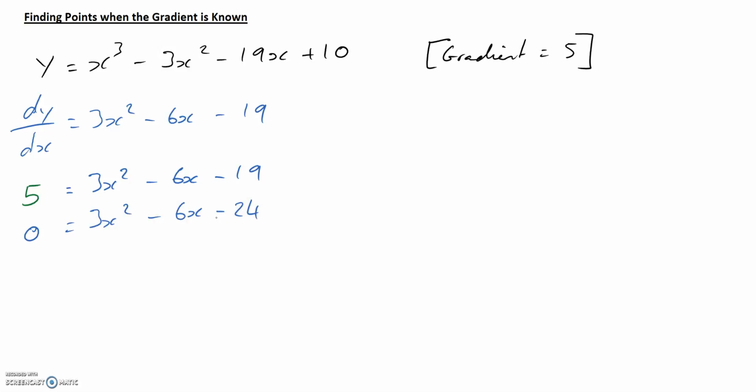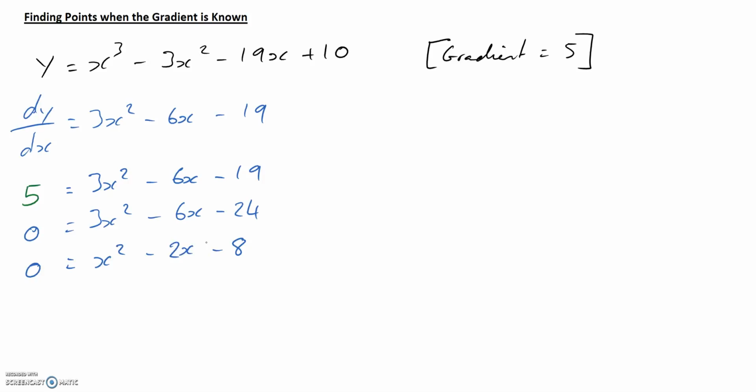So, keeping it still at 0, I'm going to divide all by 3, just to keep it nice and tidy. It's x squared minus 2x minus 8.